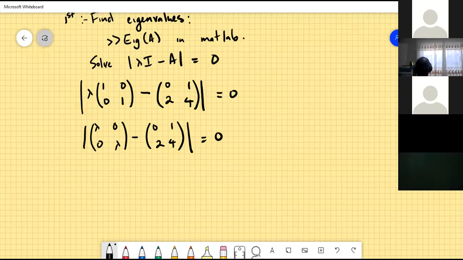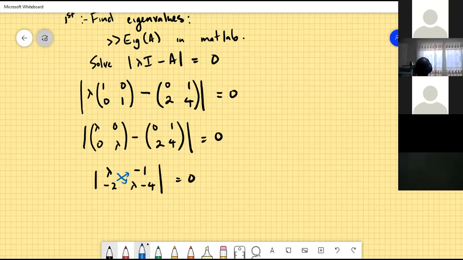So lambda minus 0 is lambda. 0 minus 1 is minus 1. 0 minus 2 is minus 2. Lambda minus 4 is lambda minus 4. And we find the determinant by multiplying across.